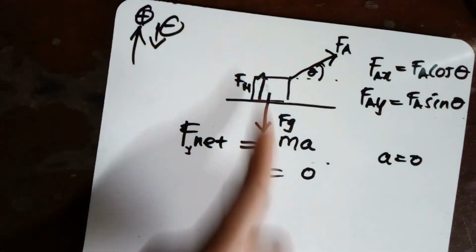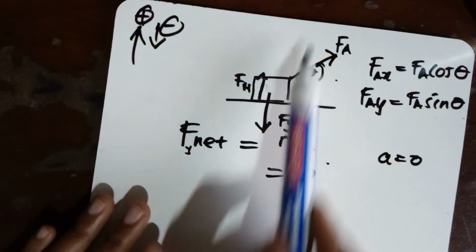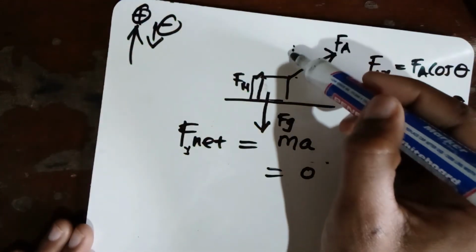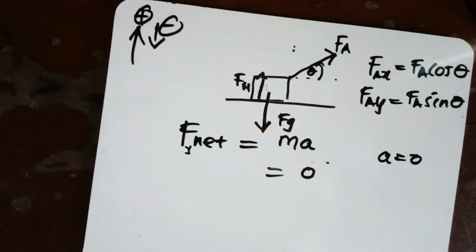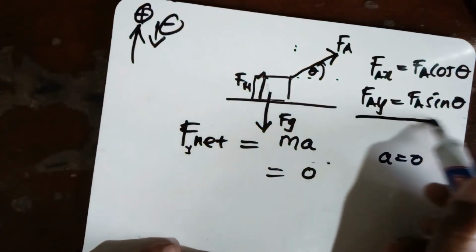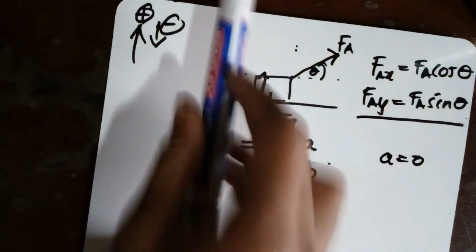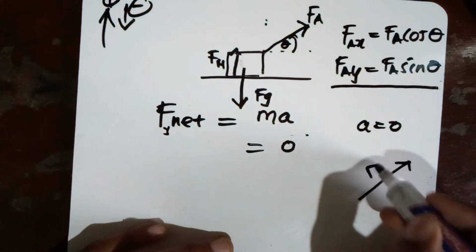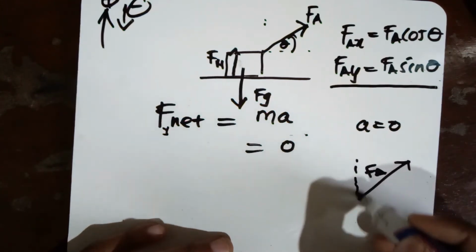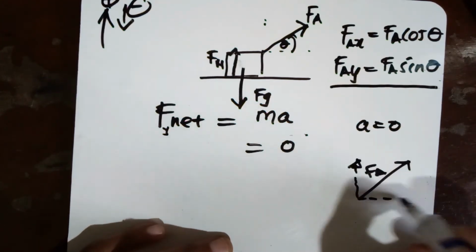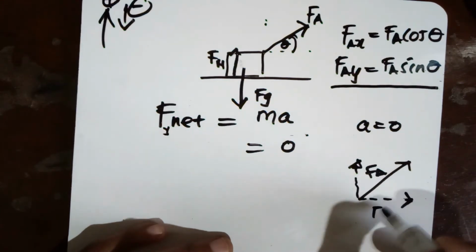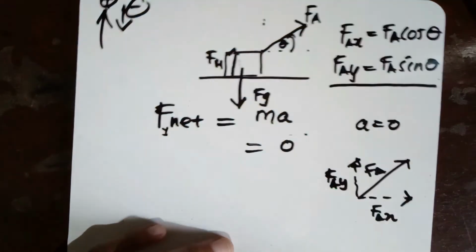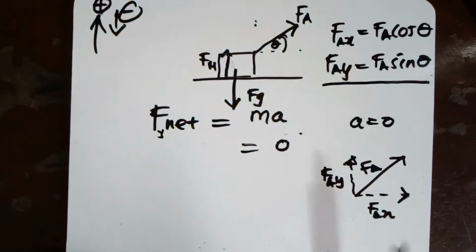And also remember, because we can resolve the applied force into its y and x components, you don't have to draw it, but keep in mind we have this y component also acting upwards. Let me draw it here. So we have FA, and we can resolve it into its x and y components, FAX and FAY, and FAY is acting upwards.